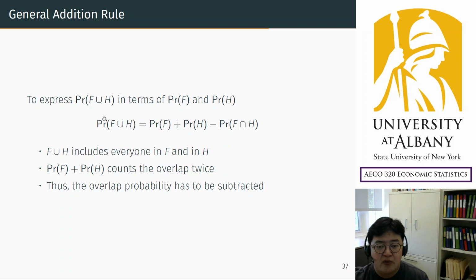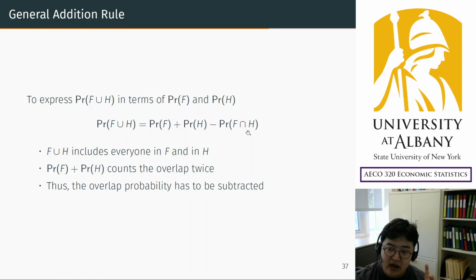When you calculate the probability of the union, you are going to sum all the probabilities of the outcomes included in this union, right? So basically, it's a summation of outcomes. And you sum two basic probabilities. But when you add these two probabilities, there is one part that is double counted because there are overlaps.